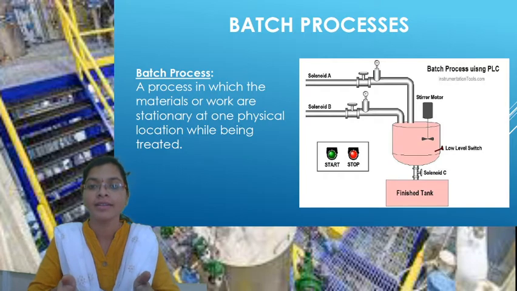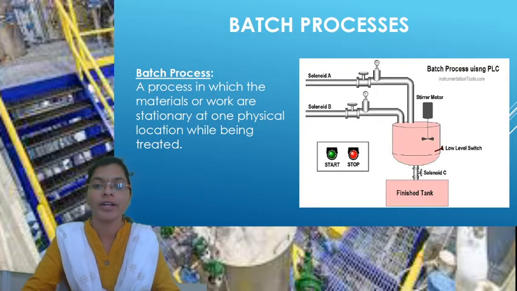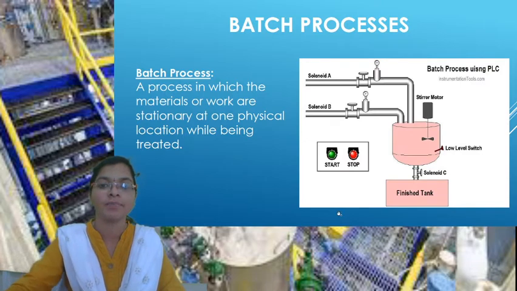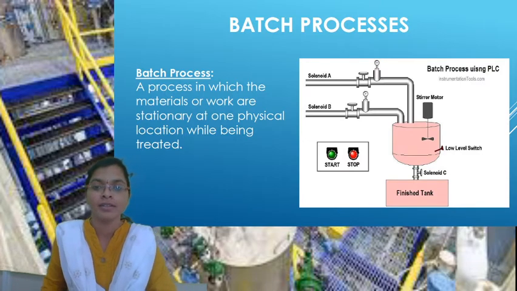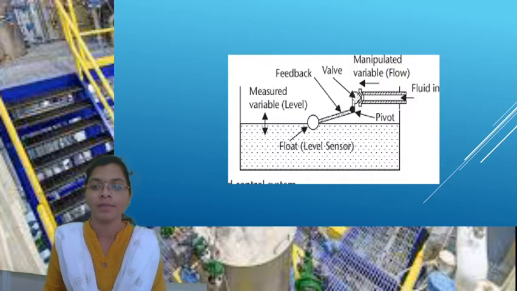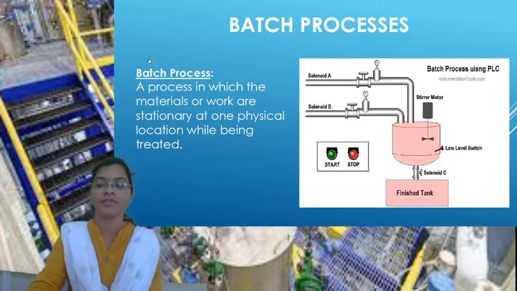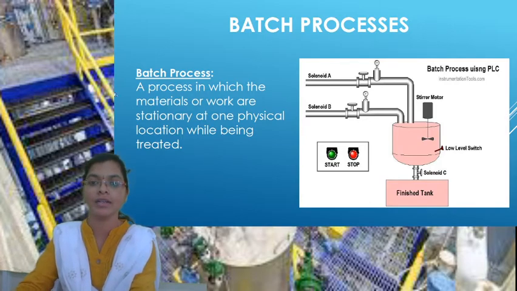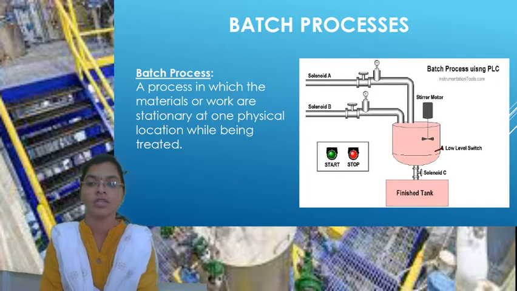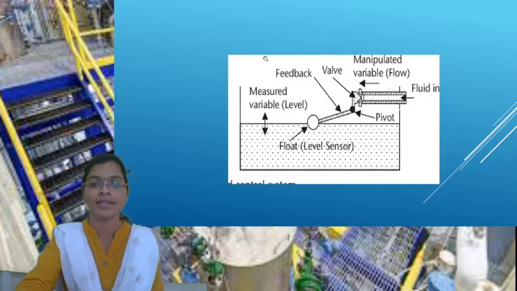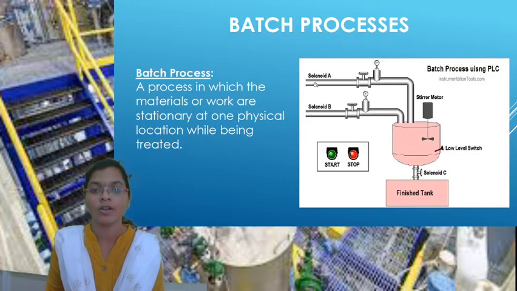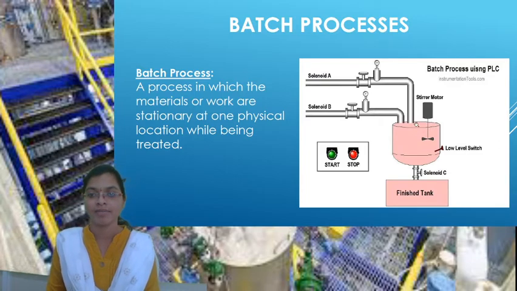Above the tank there are two valves, solenoid valve A and solenoid valve B. From solenoid valve A we get one material, and from solenoid valve B we get another material. Solenoid valve B is nothing but a valve or pipe which flows the material.